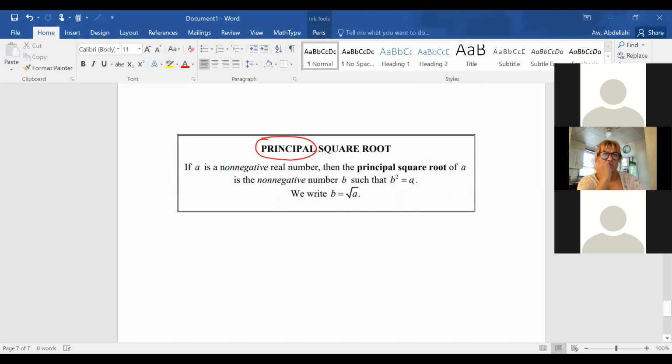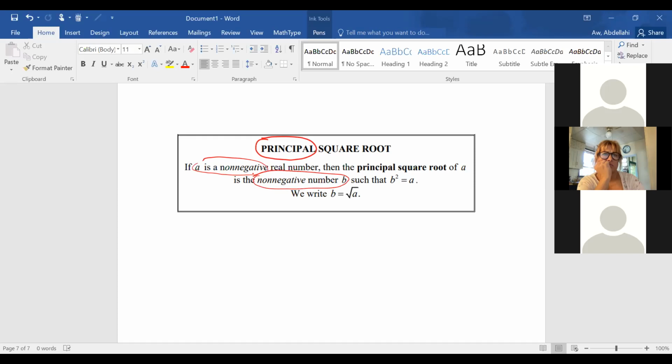When b squared is a, we say b is a principal square root of a, but in a case where both numbers are non-negative. a is non-negative and b is also non-negative.